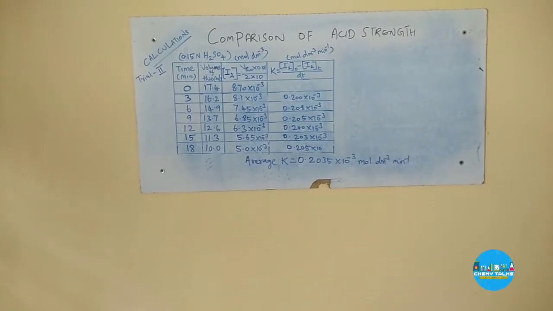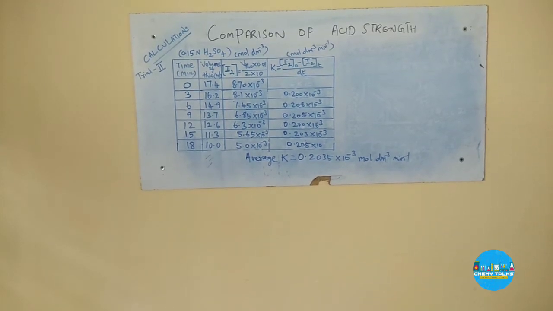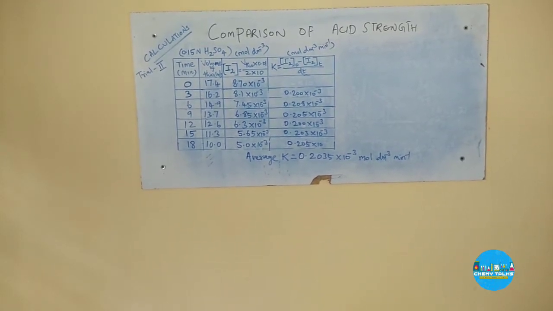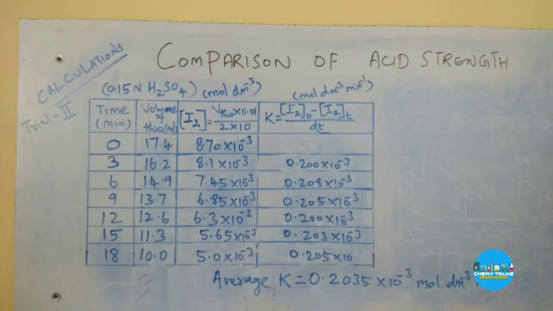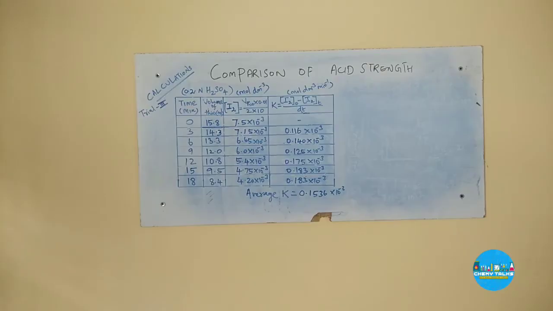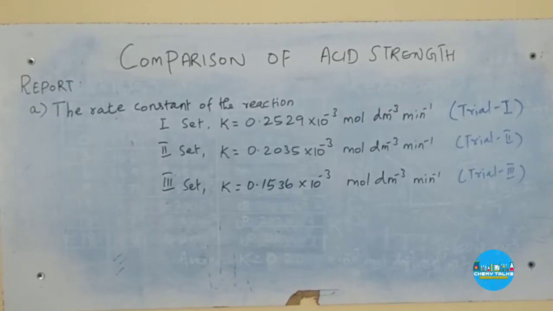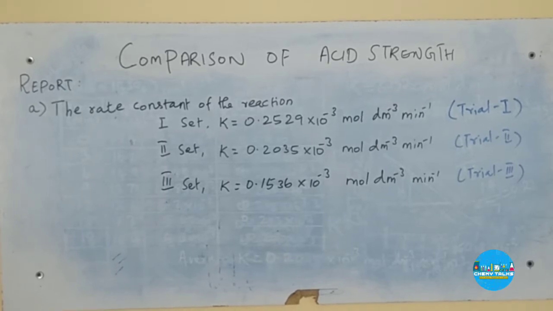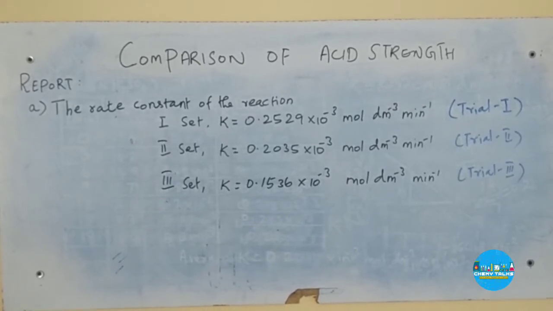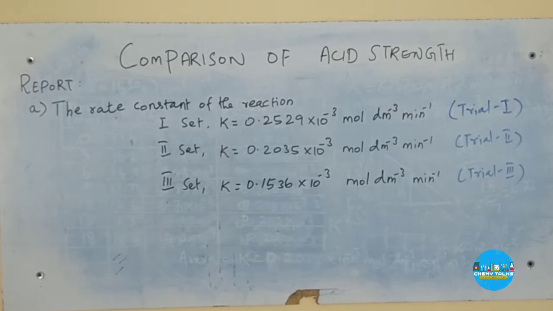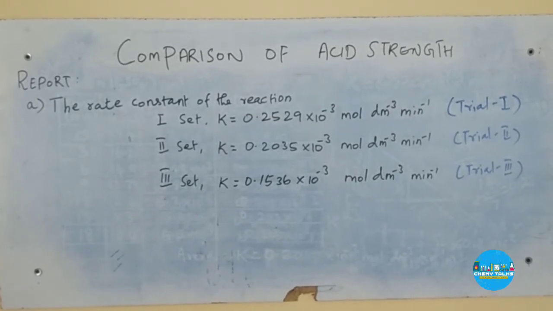This is the rate constant of the reaction in which 0.15 normal sulfuric acid is used as a catalyst. This is the rate constant of the reaction, that is trial 3, in which 0.2 normal sulfuric acid is used as a catalyst. The rate constant of the reaction in which 0.1 normal sulfuric acid is used as catalyst is given in the first set.